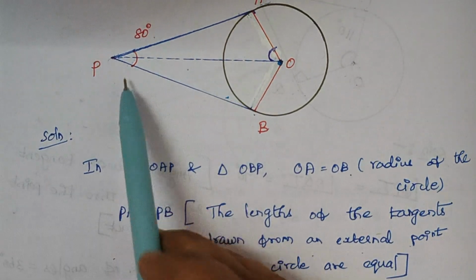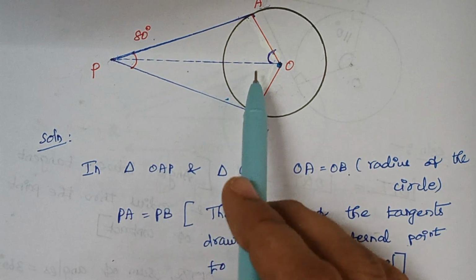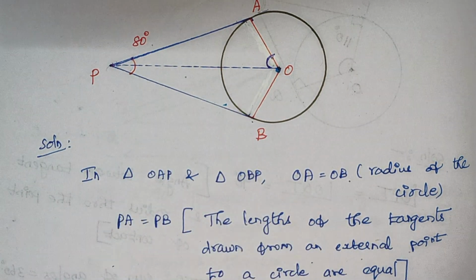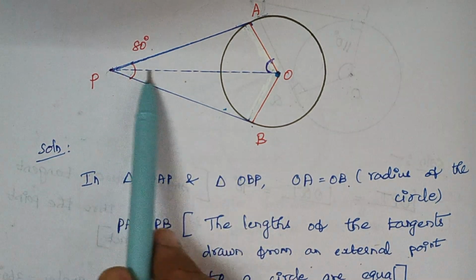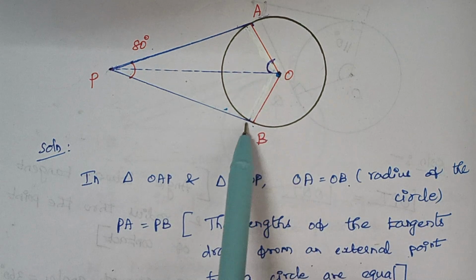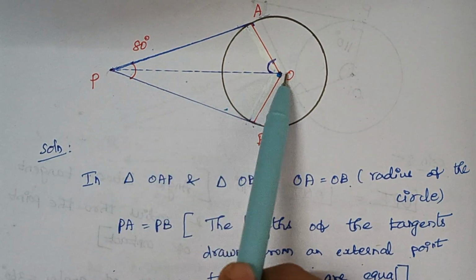So here PA is one tangent and PB is one tangent, and these two tangents are drawn from this point P. Therefore, PA is equal to PB. And what about this side? We had compared this length and this length, and the left out thing is this OP.